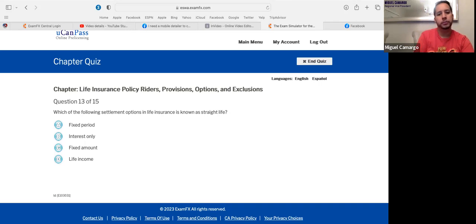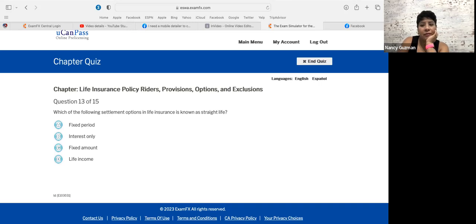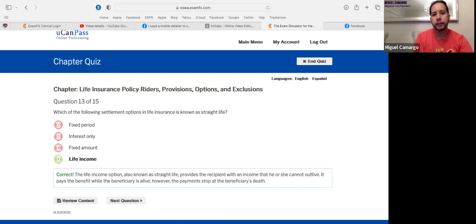It's not fixed period, no. If you didn't write this down, and if I didn't tell you: life income. Yes, right next to life income, write straight life. It's the highest amount paid out, but it's called straight life also.